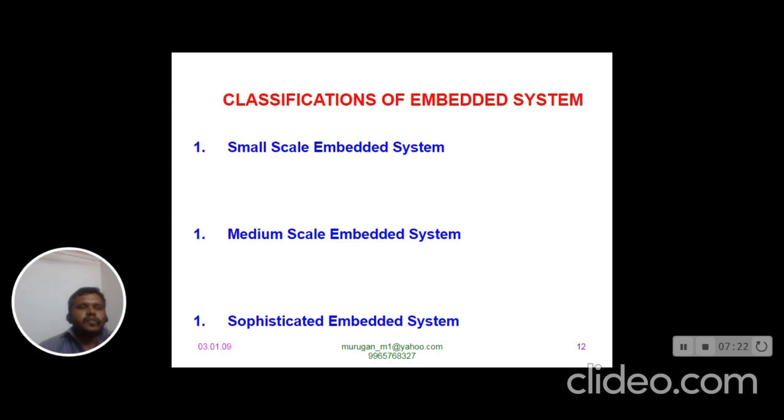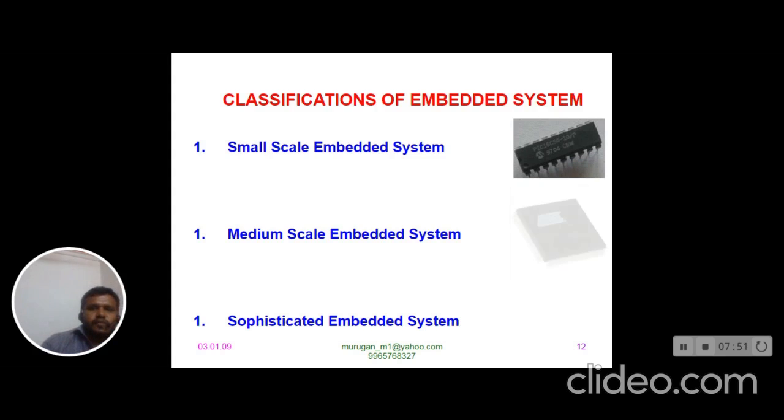The sophisticated embedded system is applicable on the industrial side, where for a particular application we follow a particular system. The PLC, programmable logic controller, also comes under the category of sophisticated embedded system. And automotive software systems used in companies also come under this category.